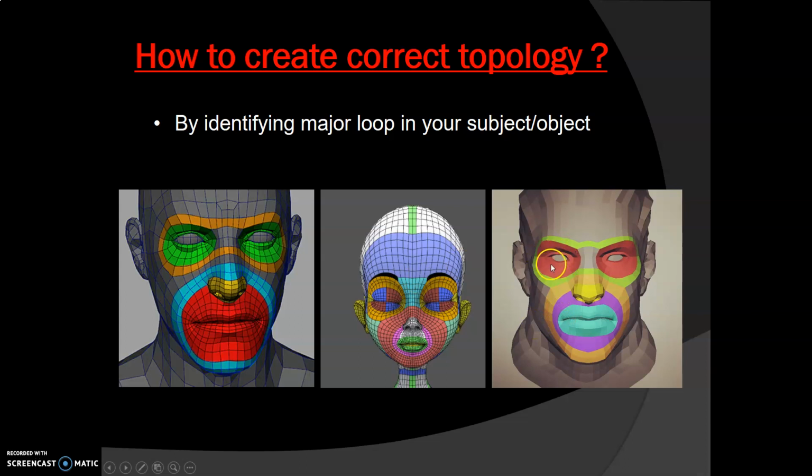If you compare this with that one, they also have very similar loops, right? You have one here, and two, three, four with the mouth. And also this cartoon character has a very similar style of topology.